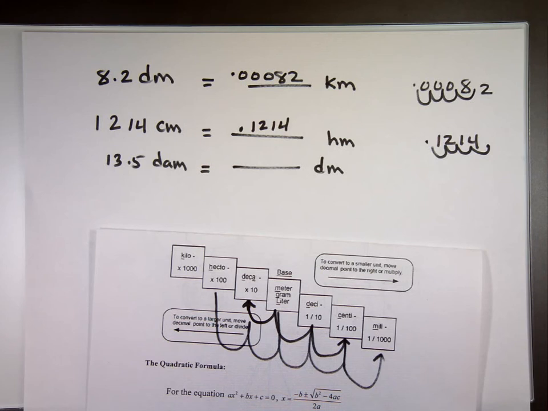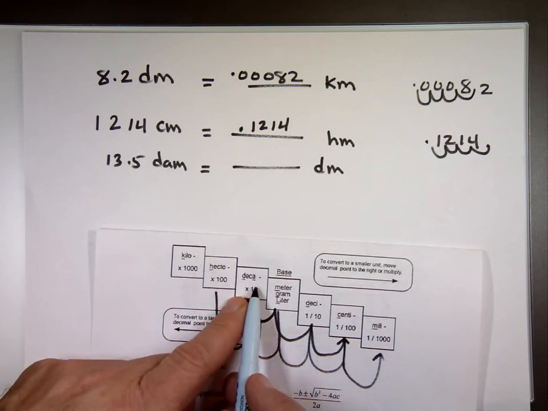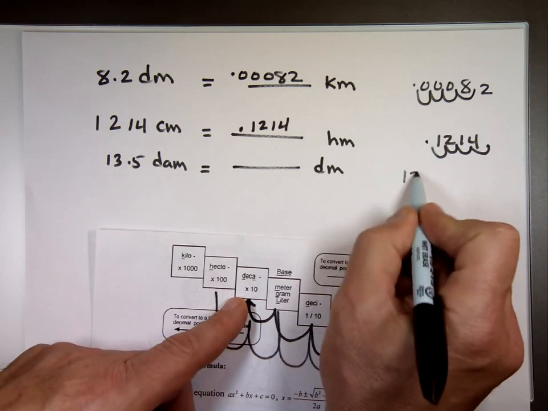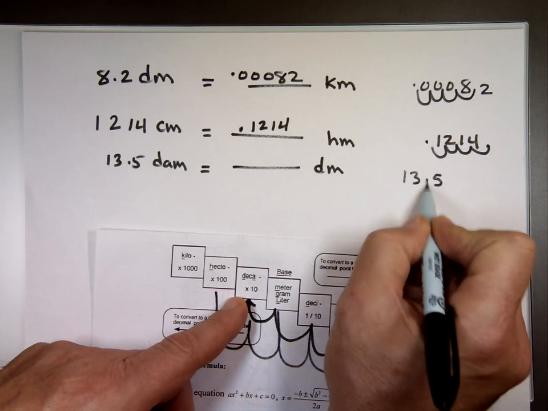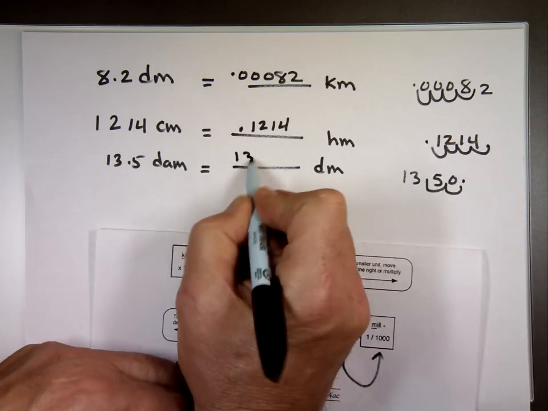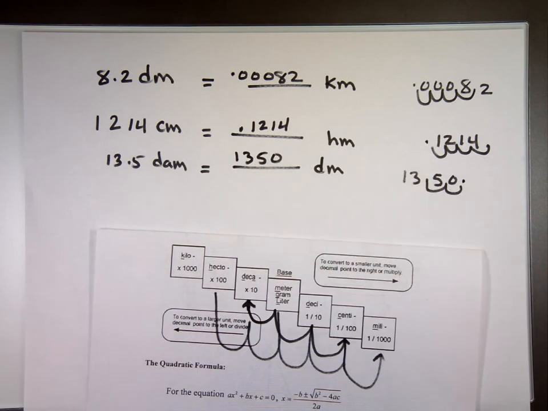Two to the right. You are right here at deca DAM and you want to go to decimeters. From here to there, 2 places to the right. 1, 2. 1350 decimeters.